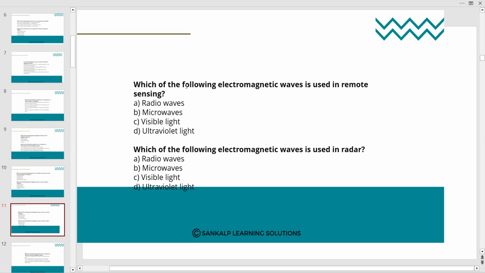Then the next question. Which of the following electromagnetic waves is used in remote sensing? Option A, radio waves, microwaves, visible light, ultraviolet light.